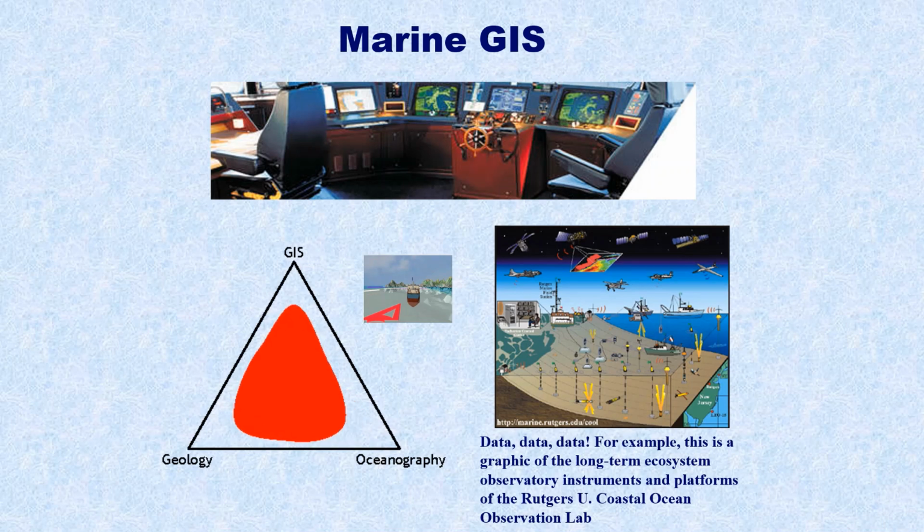Now, the domain of the marine, as opposed to the coastal GIS, is here defined as the deep open water and ice beyond the human side of the coast. The coastal domain will include the bays, the estuaries, the dunes, the coastal wetlands, and the similar.